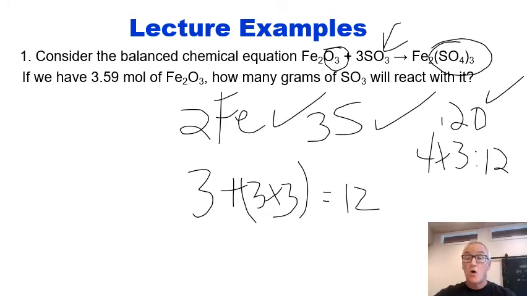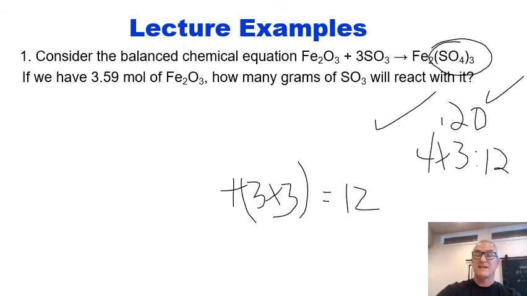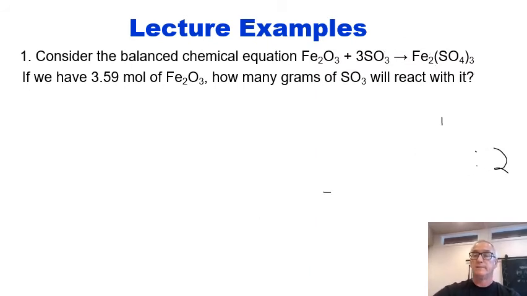But remember, always, always check. Because there might be a typo, I just might be being evil, or I just may have given you an unbalanced equation and say this isn't balanced, go ahead and balance it. So let's figure out what the answer is.